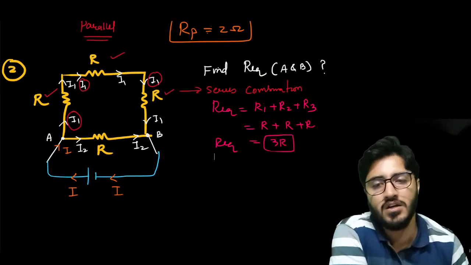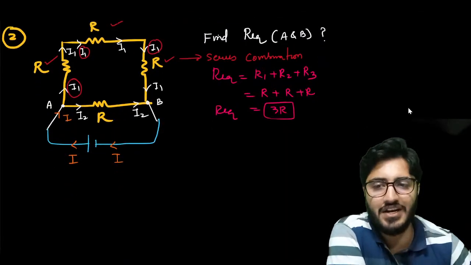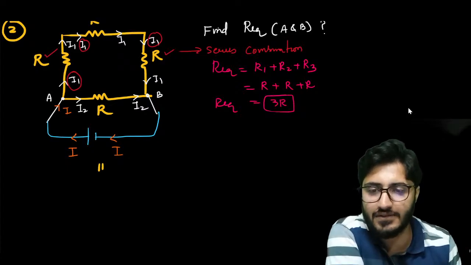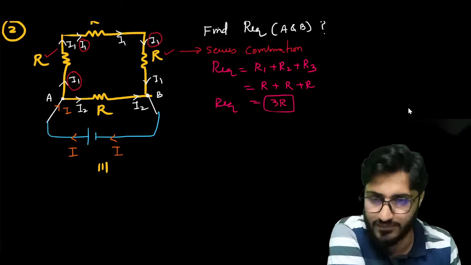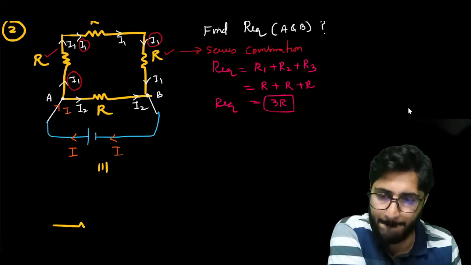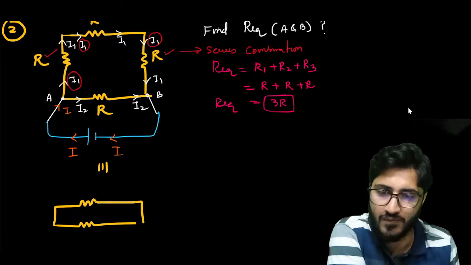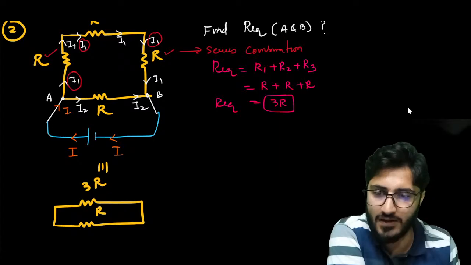Look now. So now I need to rearrange the whole thing. How, sir? Look, I will just make it like this. This one is 3R, this one is R. Okay.